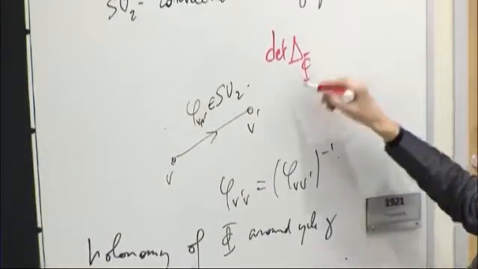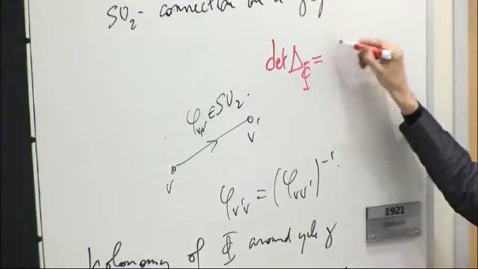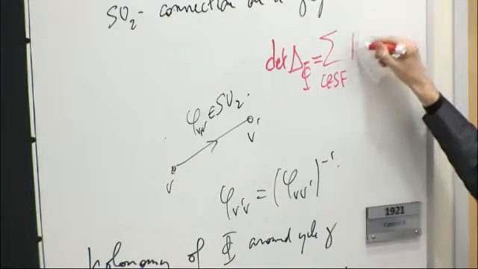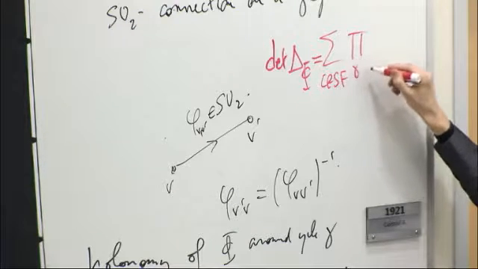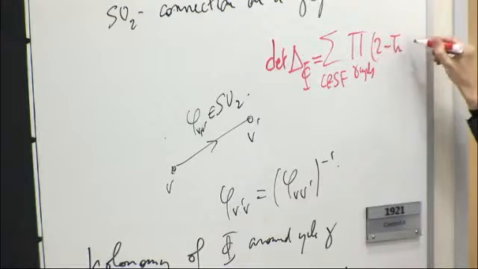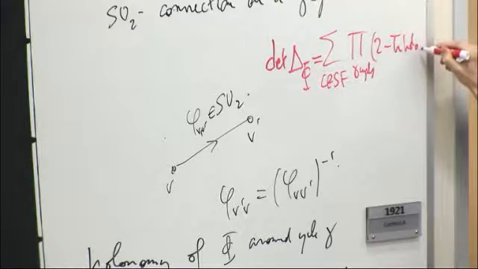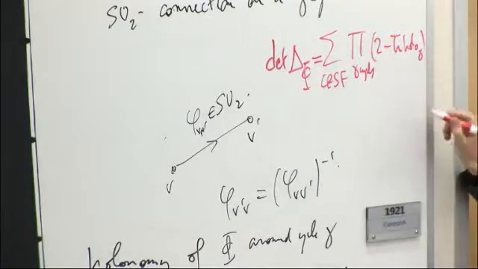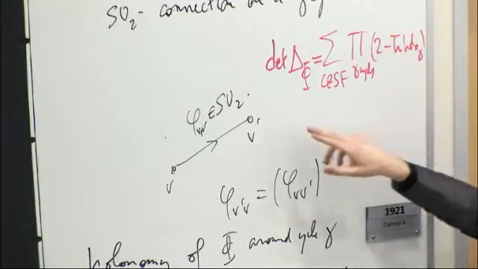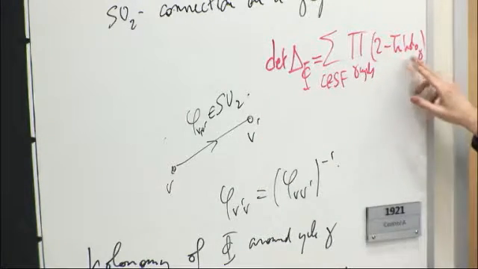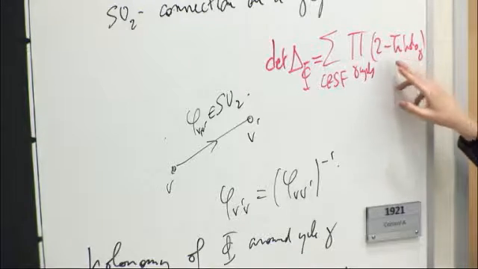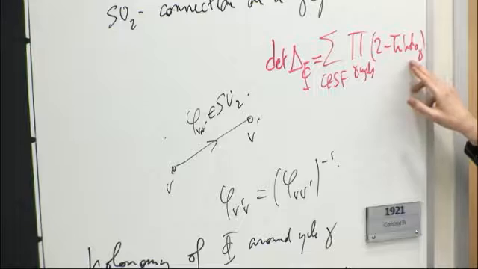And the theorem he has shown is that you can define the determinant of Laplacian phi. It turns out that it's a sum over cycle-rooted spanning forests, of the product over the cycles of the forest of 2 minus the trace of the holonomy around gamma. When you have matrices in SU2, their trace is a number smaller than 2, so this is positive.